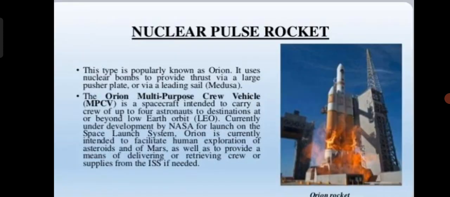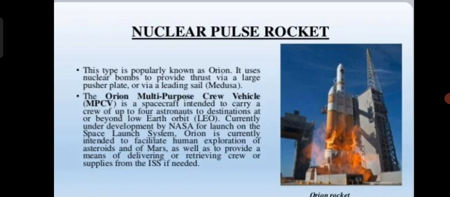And nuclear pulse rockets. This type is popularly known as Orion. It uses nuclear bombs to provide thrust via a large pusher plate or a magnetic sail. The Orion Multipurpose Crew Vehicle (MPCV) is a spacecraft intended to carry a crew of up to 4 astronauts to distant destinations beyond low Earth orbit.